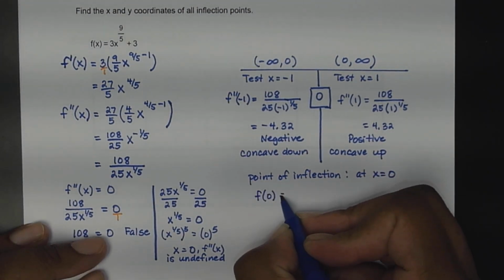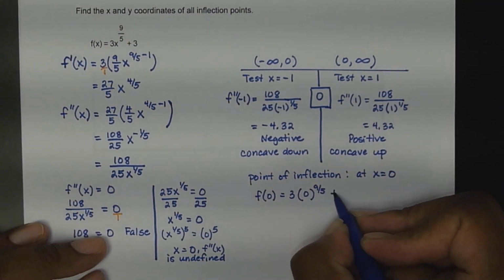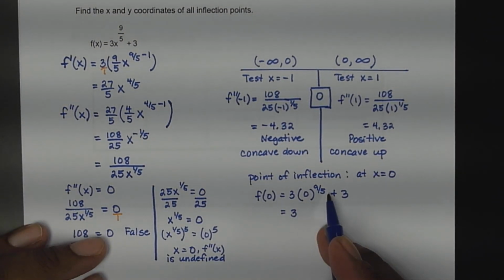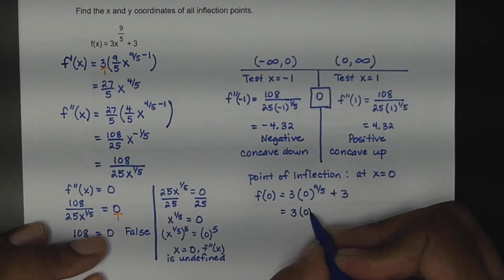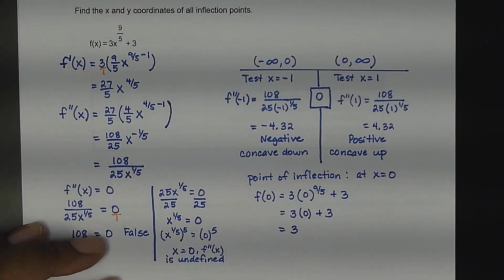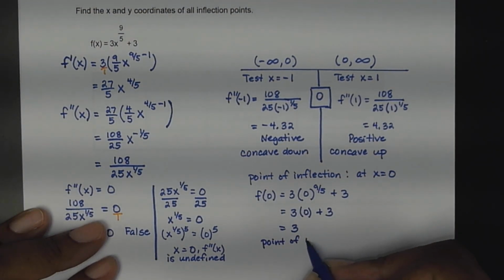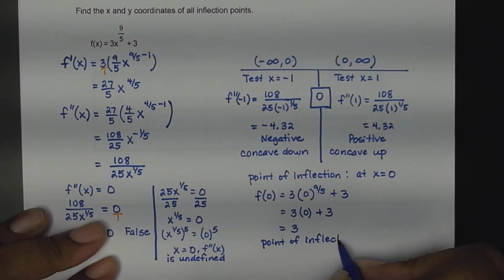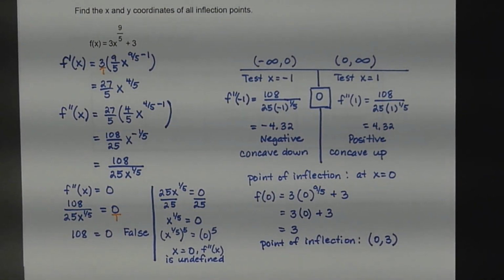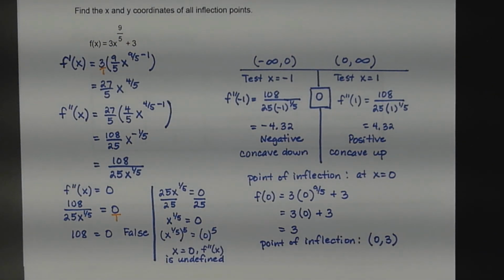So f of 0 will be 3 times 0 raised to the 9/5 plus 3. 0 to any non-zero power is 0. 3 times 0 is 0, plus the 3 there would be just 3. So we can say that our point of inflection will be the ordered pair (0, 3). So (0, 3) will be your point of inflection.